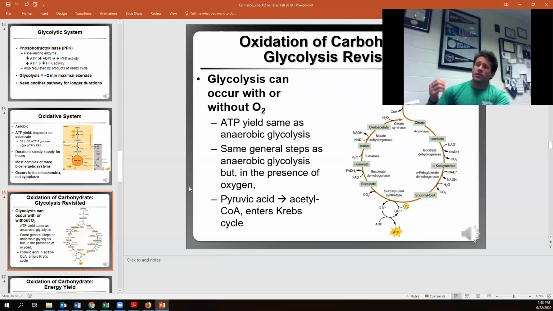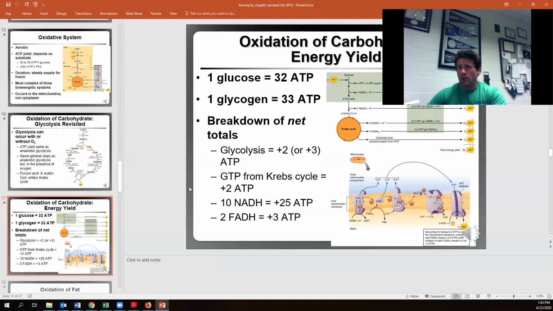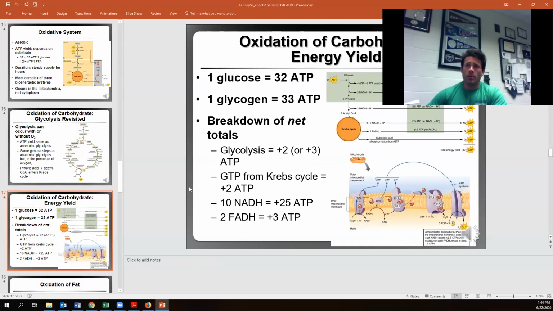So this right here is the citric acid cycle showing the many steps. I'm never going to make you guys memorize this, but understanding this is occurring in the mitochondria and is incredibly important for energy production. Now, when we're talking about breaking down glucose, we're talking about net total of 32 ATP. Now, we lost 2 for activation, so we technically created 34, but we net 32.